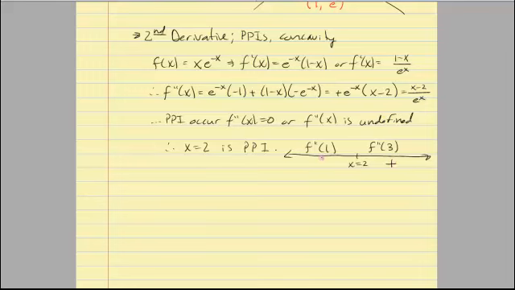If I plug in 1 into my second derivative, I get a negative value. So I have negative and positive. Because I have a concavity change, this is called a point of inflection. If I plug this into my original function, I get the ordered pair 2 and then 2 over e squared. So what we need to do is take all of this information and graph it.